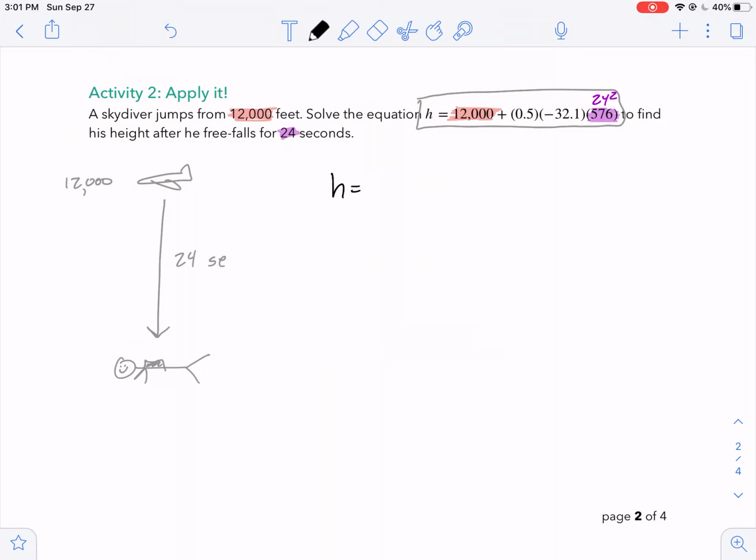His height is 12,000 plus 0.5 times negative 32.1. That's going to come out to negative 16.05 times 576.